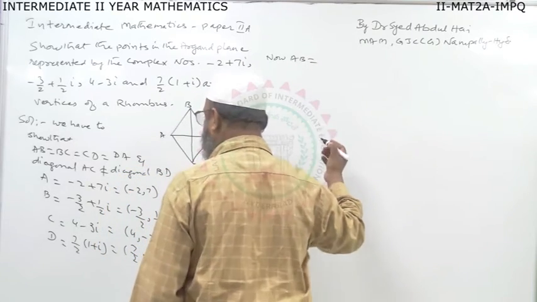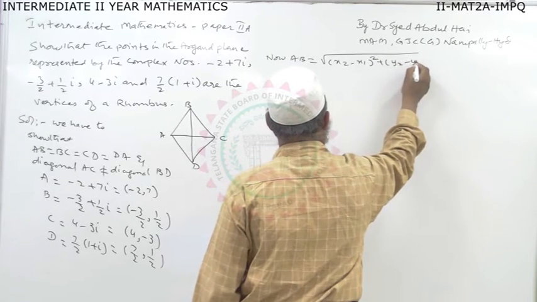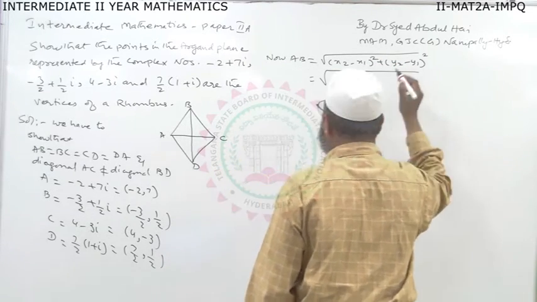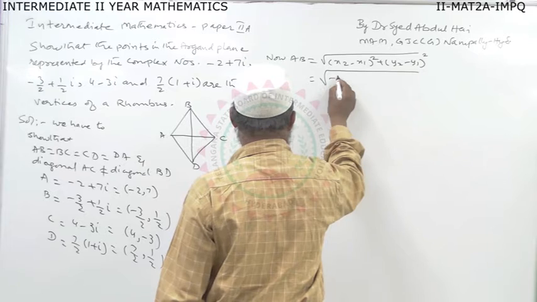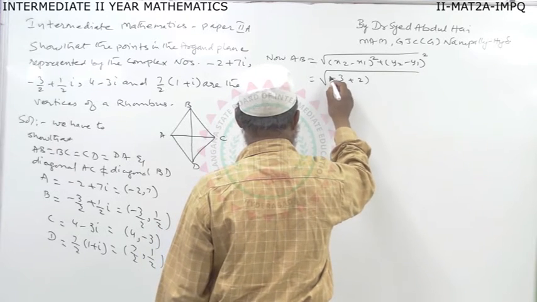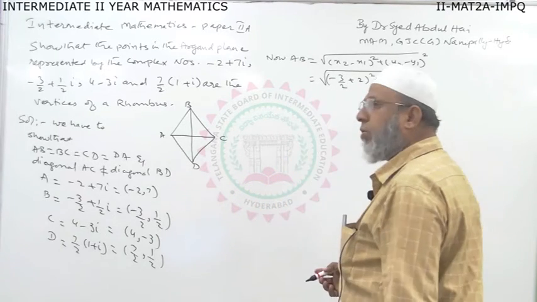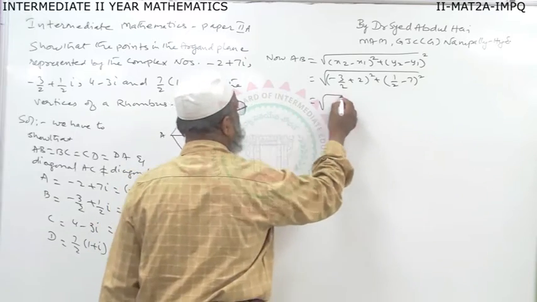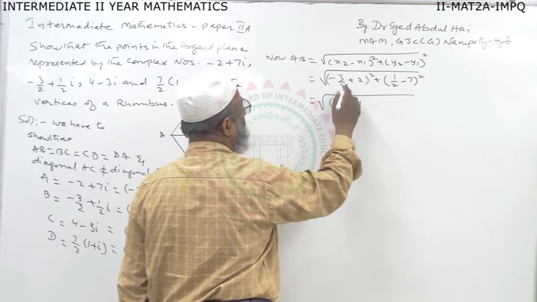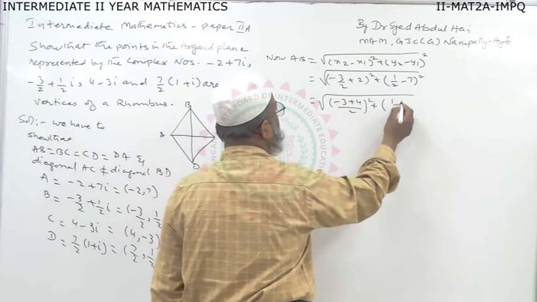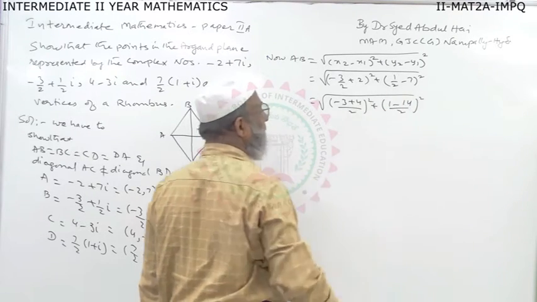Okay. Now AB is equal to, using the distance formula, root of x2 minus x1 whole square plus y2 minus y1 whole square, is equal to root of minus 3 by 2 plus 2 whole square plus 1 by 2 minus 7 whole square, okay, which is equal to minus 3 plus 4 by 2 whole square plus 1 minus 14 by 2 whole square, okay.